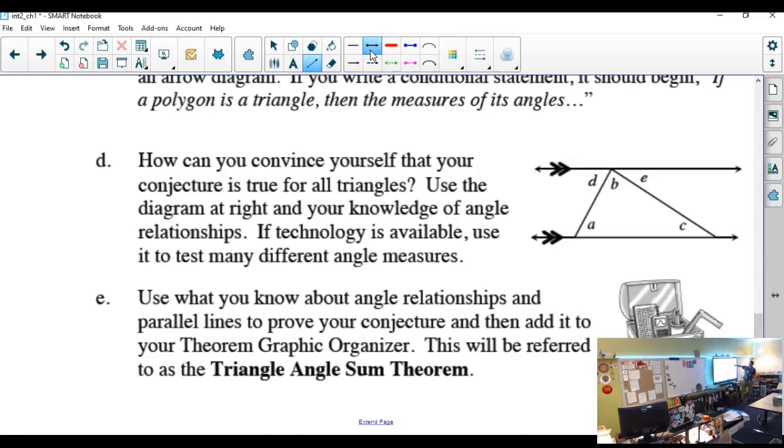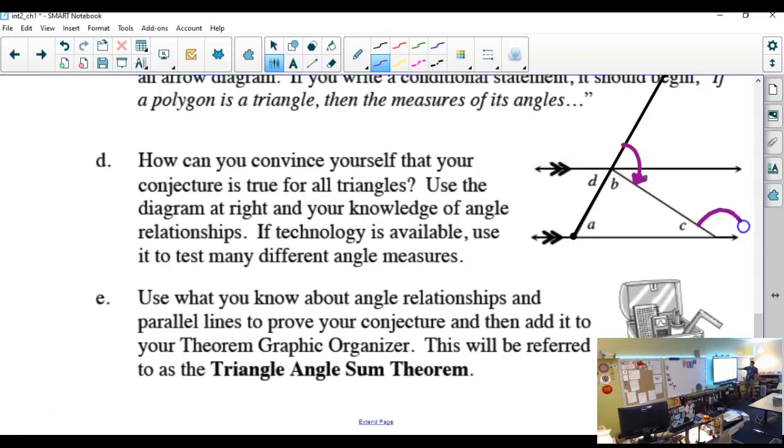If I rotate this line so that I'm looking at this entire angle, what do we know about that angle compared to angle B? Yeah, the exterior angle of a triangle is supplementary to that angle.